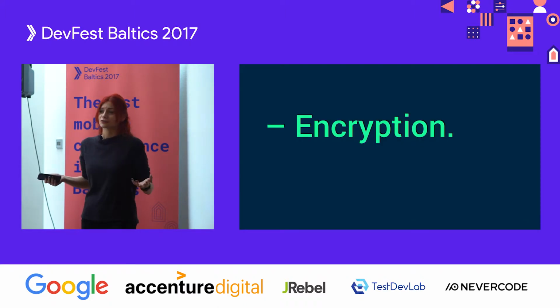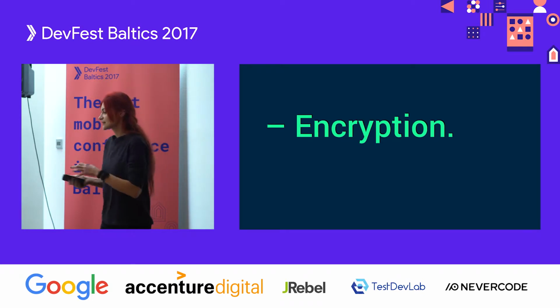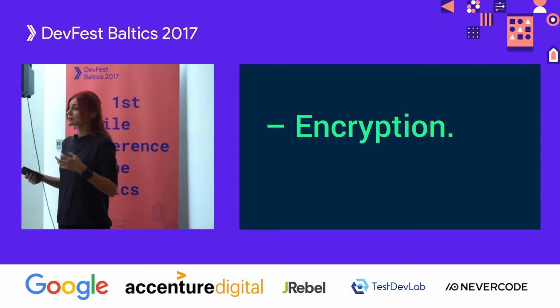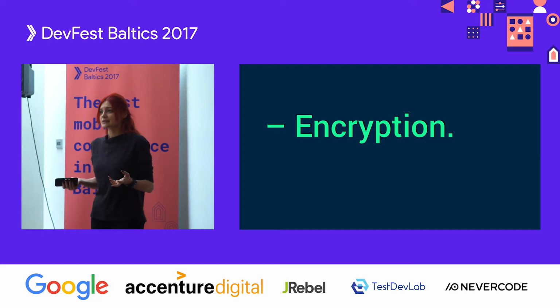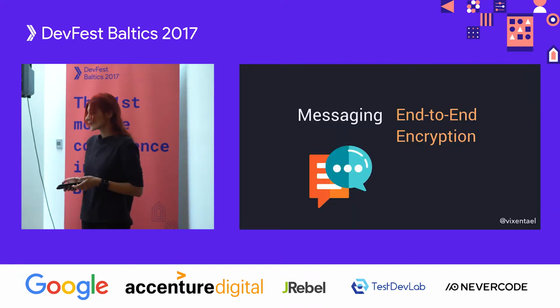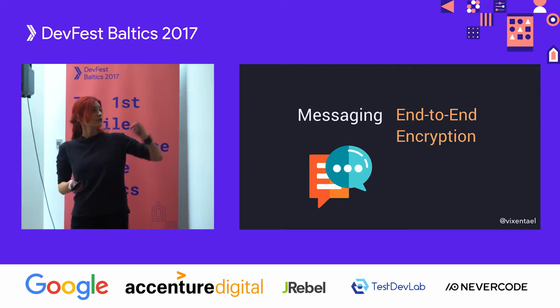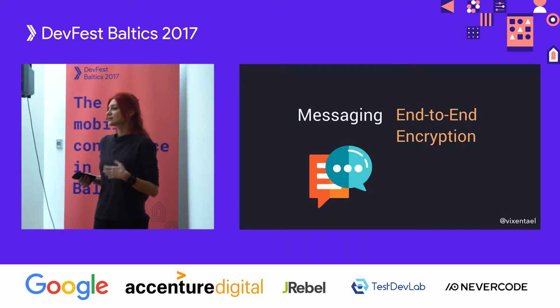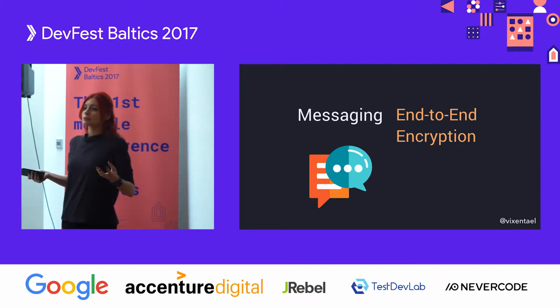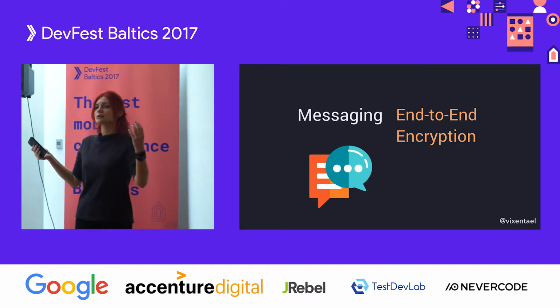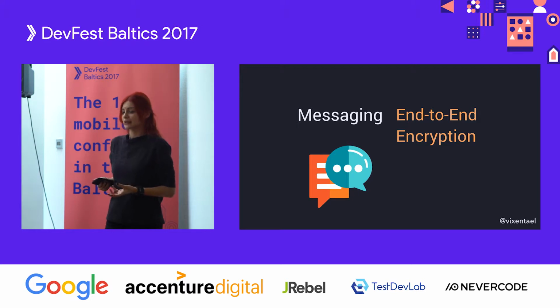The naive answer is encryption. It's rather easy. Encryption helps us to solve problems for some specific use cases, and of course it creates new problems as well. You know a lot of examples of using encryption. For example, in messaging, we use end-to-end encryption. As we talked before, apart from the clients, no one should be able to decrypt the data.